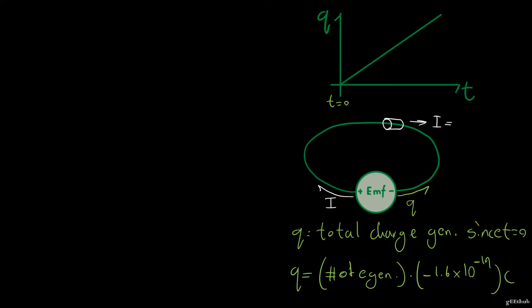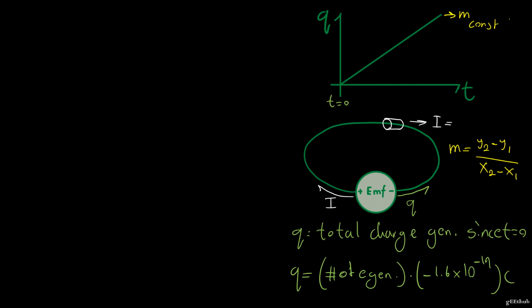And we said that current is the rate of charge, right? So what is the rate of charge? Well, the rate of this graph is just its slope. And since it's linear, my slope is constant everywhere. From your high school math class, you might remember that the equation for slope is y2 minus y1 over x2 minus x1.